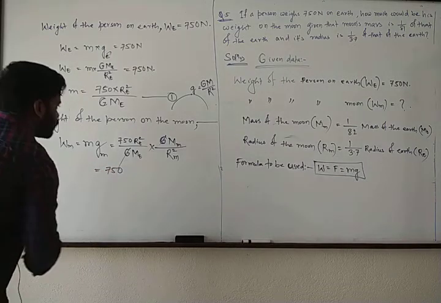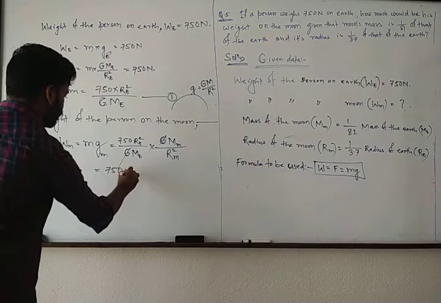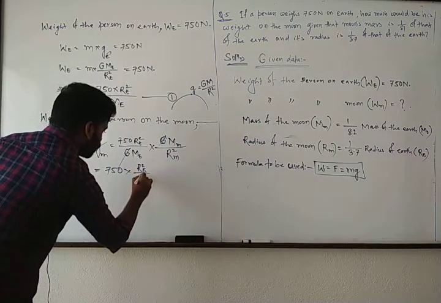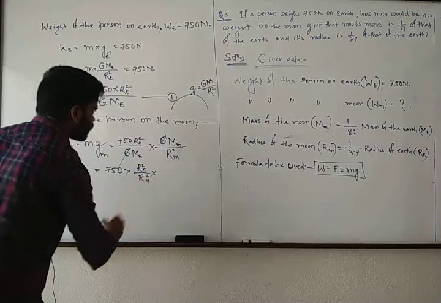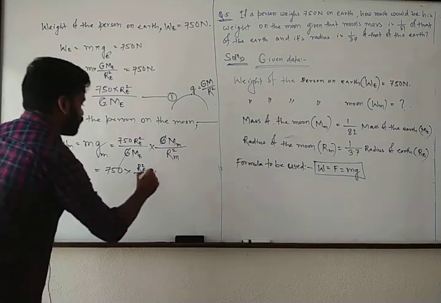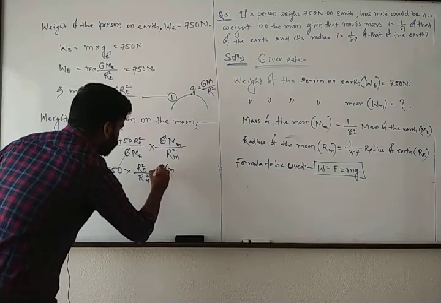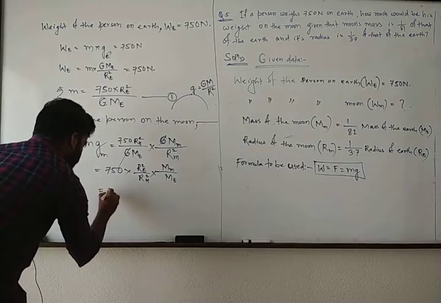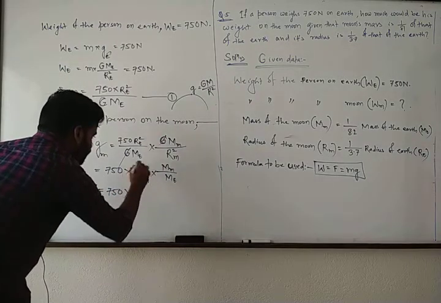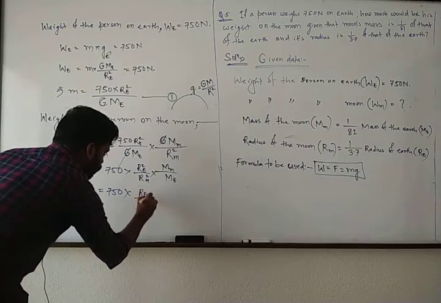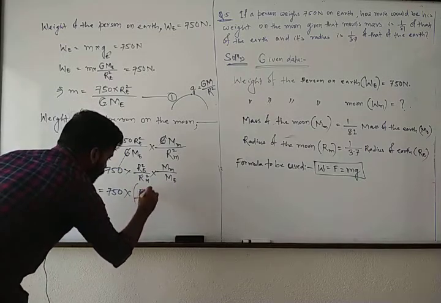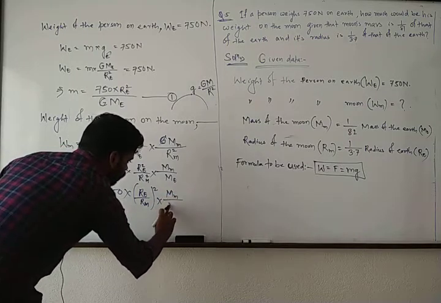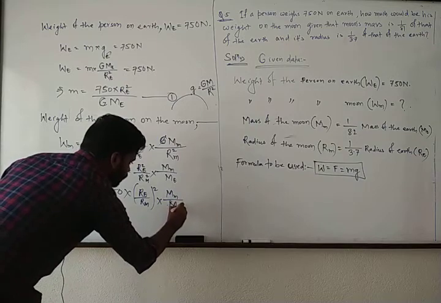Then calculate 750. It is R_e upon R_m squared into mass of the moon by mass of the earth. Again 750, you can write it like R_e upon R_m whole squared, and it is mass of the moon upon mass of the earth.